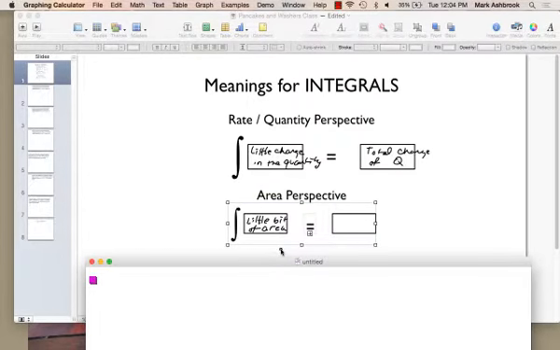A really thin rectangle. And what do we get? Yes, exactly. We're going to get a difference of areas, or kind of like a total net area. Nothing to do with accumulation, right?